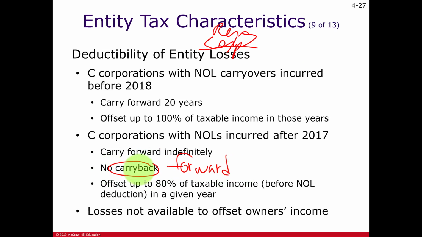That's not true anymore. And you can carry it forward to indefinite years. You want to use it up as soon as possible, though, to get the benefit. And the most you can deduct in any one of those future years is 80% of that future year's taxable income. Okay, so this is a kind of modified rules of NOLs from previous tax years, only carrying forward to future years with some limitations.